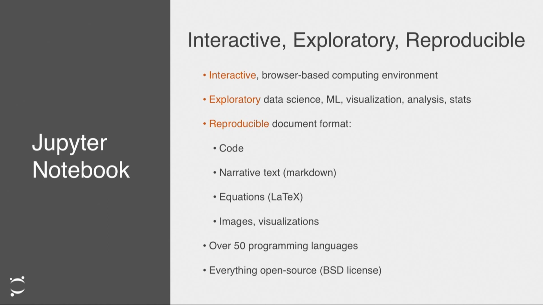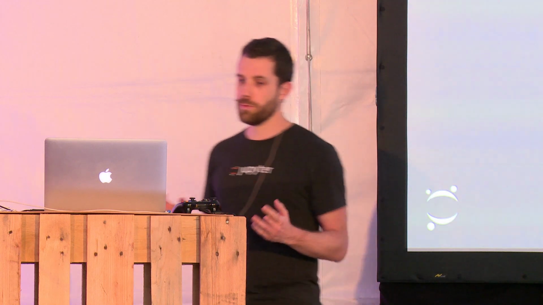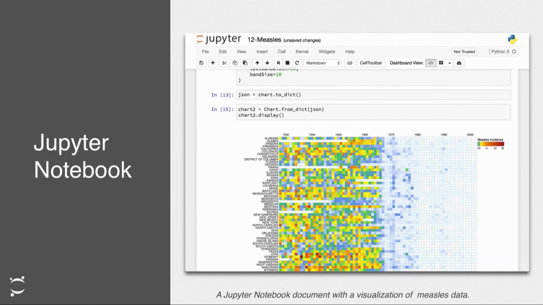More importantly, it's language agnostic: it works with over 50 languages, enabled by an architecture that is completely agnostic to what language eventually runs the code. The whole thing is open source and BSD licensed, so you can check it out on GitHub. This is a very simple example of an interactive notebook, where you see some code and some visualization inline in a document format.